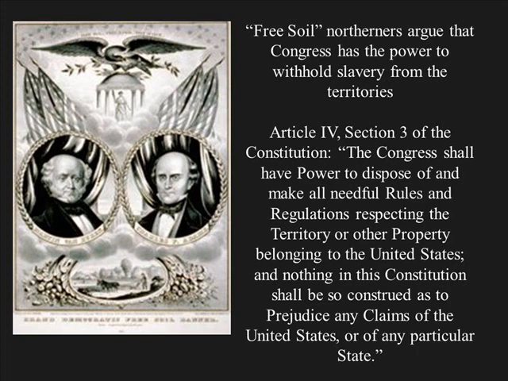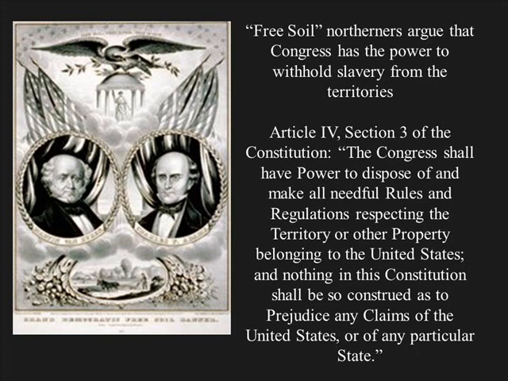So the Northerners say Congress should decide, which basically means that since the northern population is much larger than the South, the Northerners will decide, because they have more politicians in Congress. They have more votes. So they constantly quote one section of Article 4 that says Congress has power to make all the rules and regulations respecting the territory of the United States.